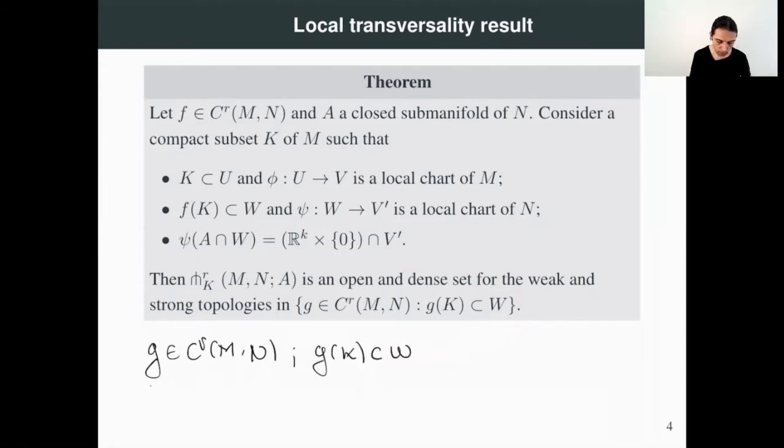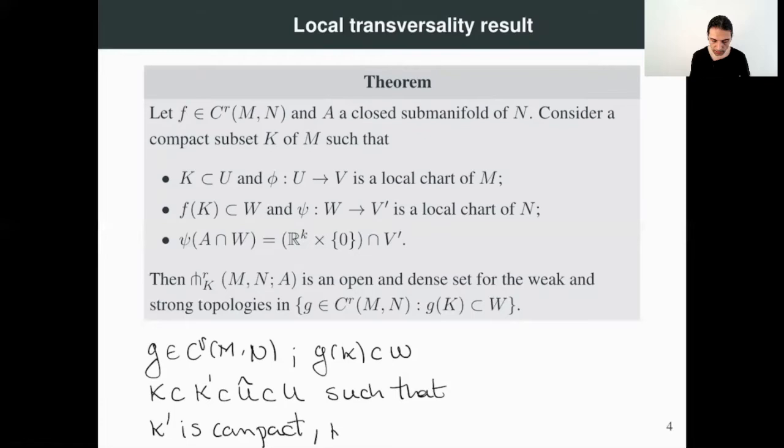And now we are going to consider K contained in K prime, contained in U hat, and contained in U, such that K prime is compact, K is contained in the interior of K prime, U hat is open, and the image of U hat is contained in W. That is possible by considering a compact neighborhood K prime of K small enough, and then an open neighborhood U hat of K prime small enough, okay?